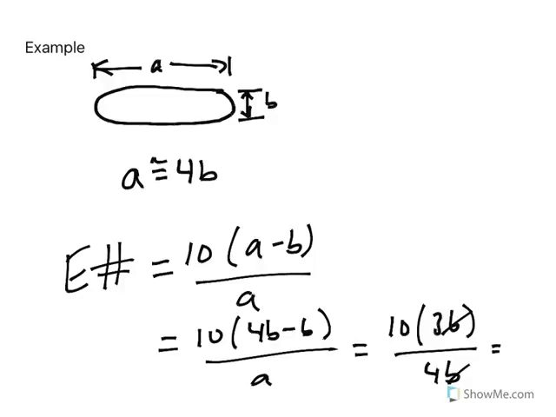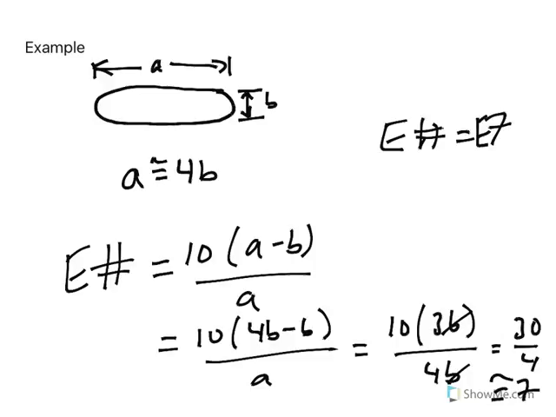B drops out, so we have 10 times 3, which is 30, divided by 4. And this is around 7. Therefore, the nearest whole E number I would assign would be a 7 with the E in the front. So the E number would be E7.